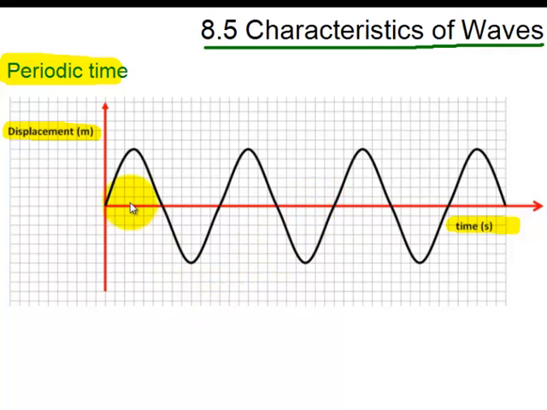Or we can say from this point to this point is one oscillation. Again, we can measure the time taken to make one oscillation. The time taken to make one oscillation is what we refer to as the periodic time of the wave.